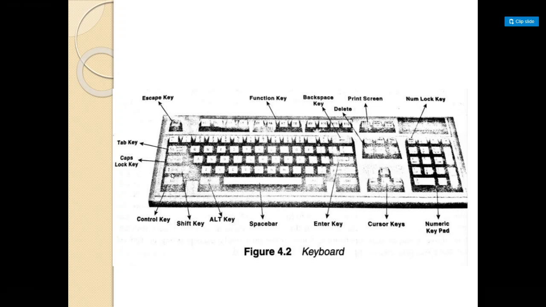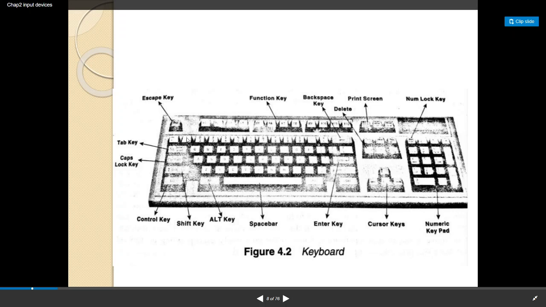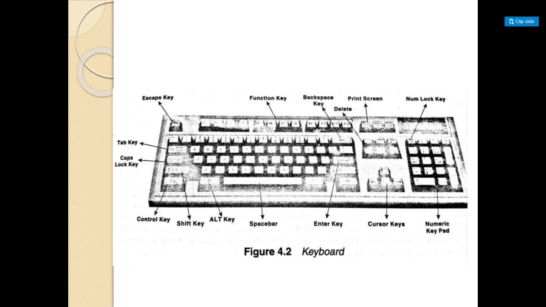Also, to type the numbers or the symbols present on the number keys here, we use the shift. The control key is to give some control commands to the system, like open the file or save the file. For example, if you press control S, the file gets saved.